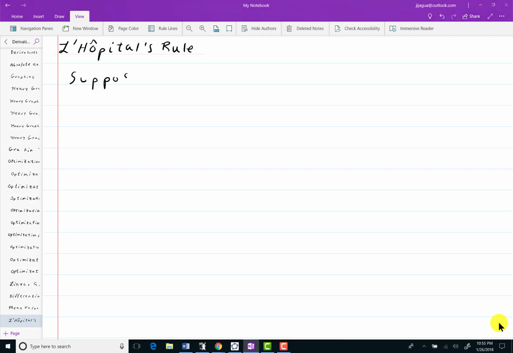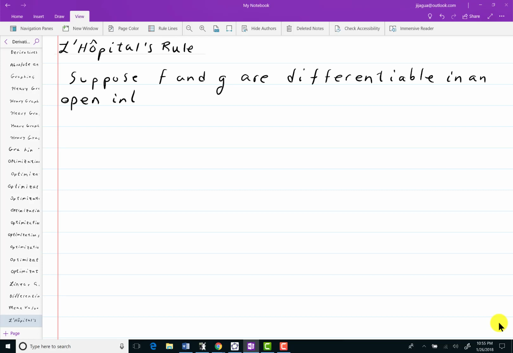Suppose f and g are differentiable in an open interval I, and suppose that a is some number in that interval.